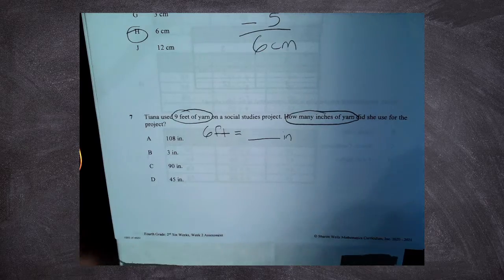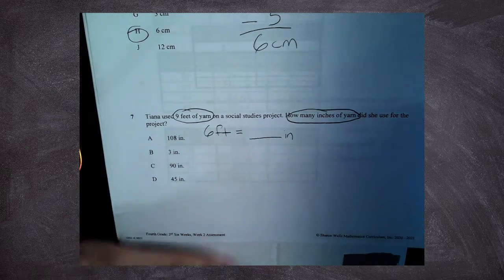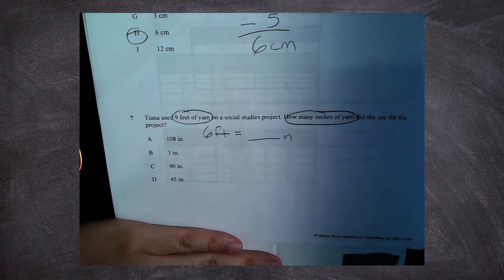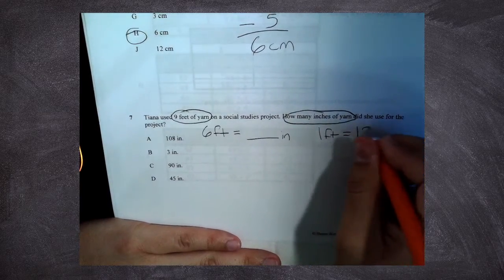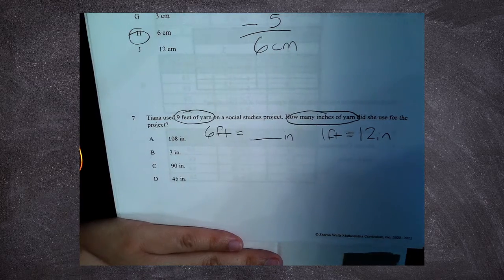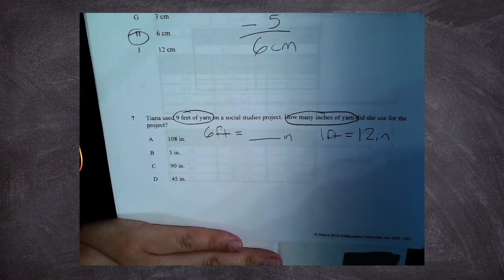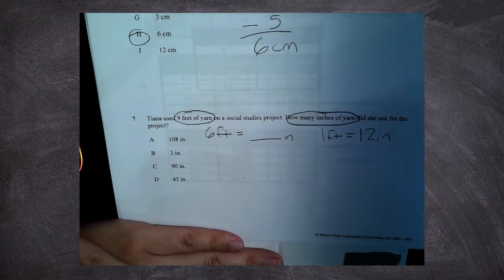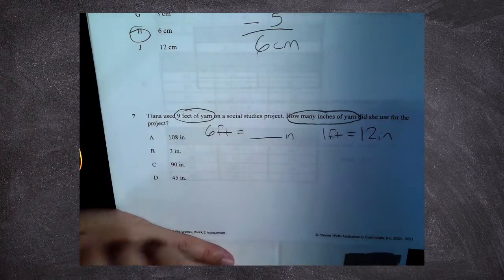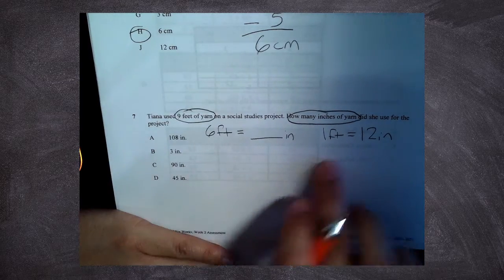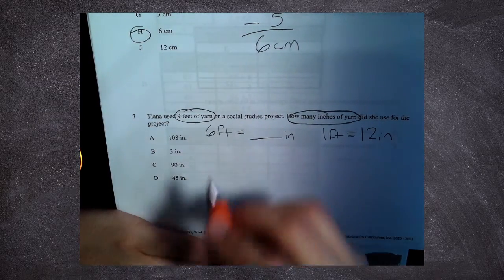Okay, not so bad. From earlier, we can remember that 1 foot is the same thing as 12 inches. The only problem is, when she measured it, it wasn't just 1 foot, it was 6 feet. So again, I'm going to write it like a fraction. I keep the feet on top, inches on the bottom.